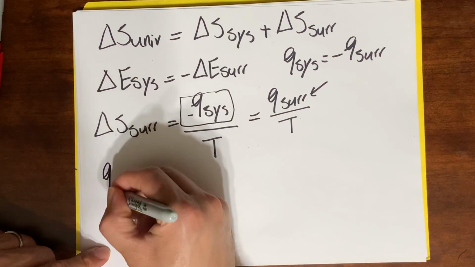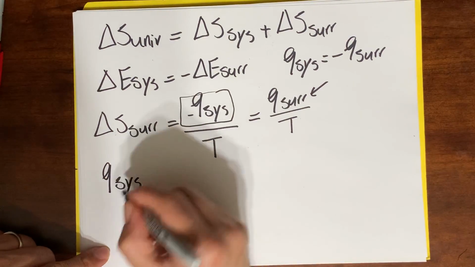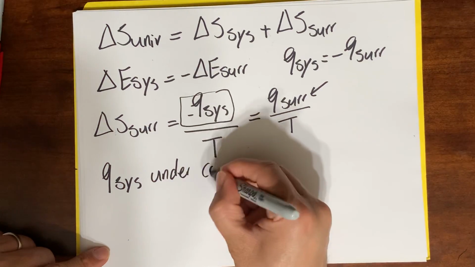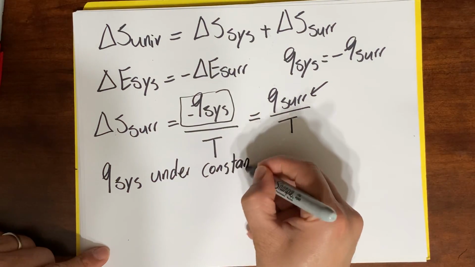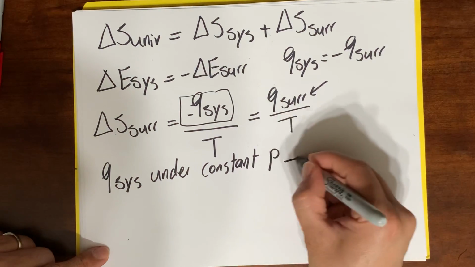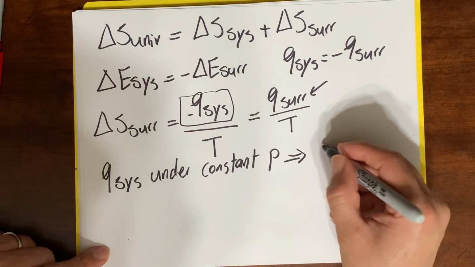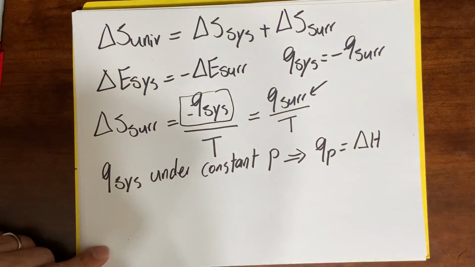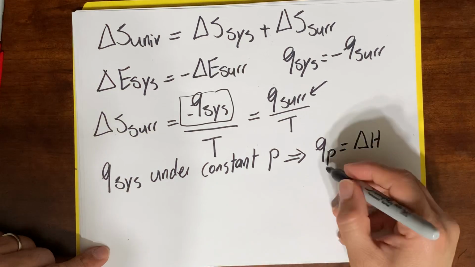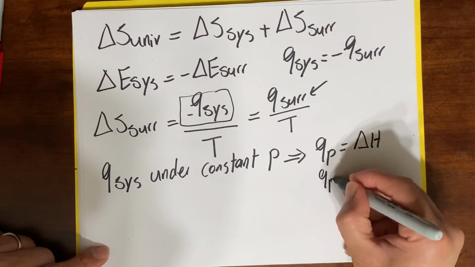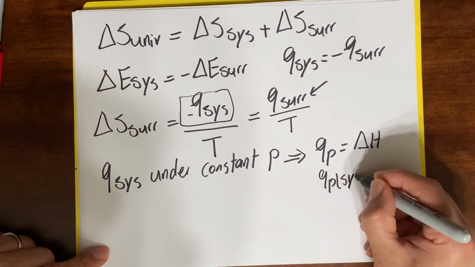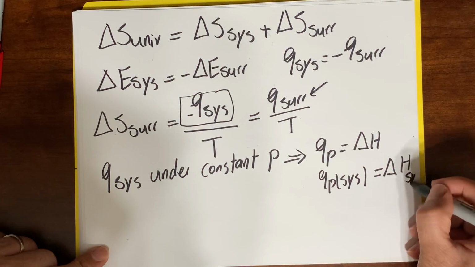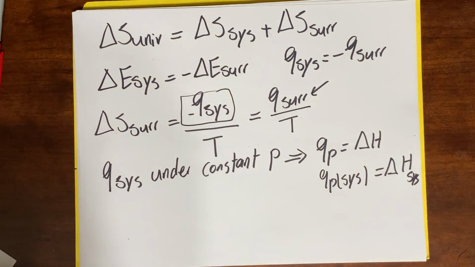So I will use this one to calculate delta S of the system. And next thing, Q of the system under constant pressure is going to be equal to delta H. Okay, so Q under constant pressure for the system will be equal to delta H of the system.